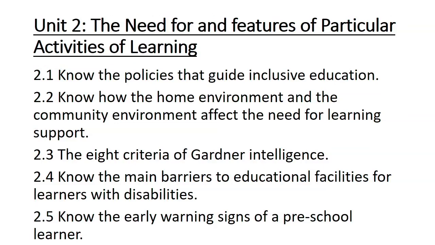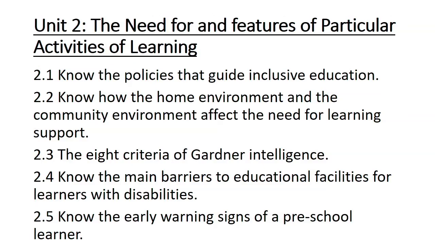So here I saw that most students have a problem with this. There are criteria and there are abilities. In this case, I ask the criteria. So know the criteria of Gardner's intelligence. Know the main barriers to educational facilities for learners with disabilities.